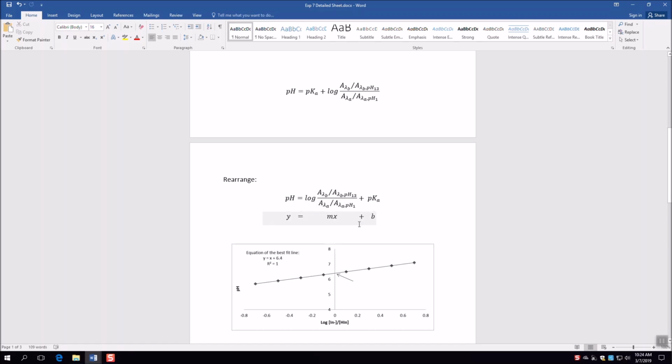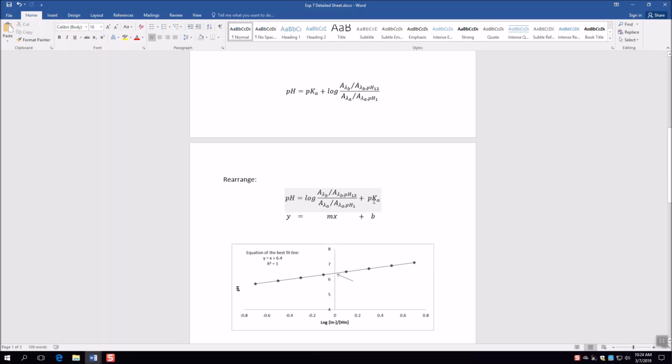The slope is 1. And if we plot several different pHs and this ratio of the log of the concentration of IN minus over HIN, which is this expression right here, then we do a linear regression. The B term is the pKa.